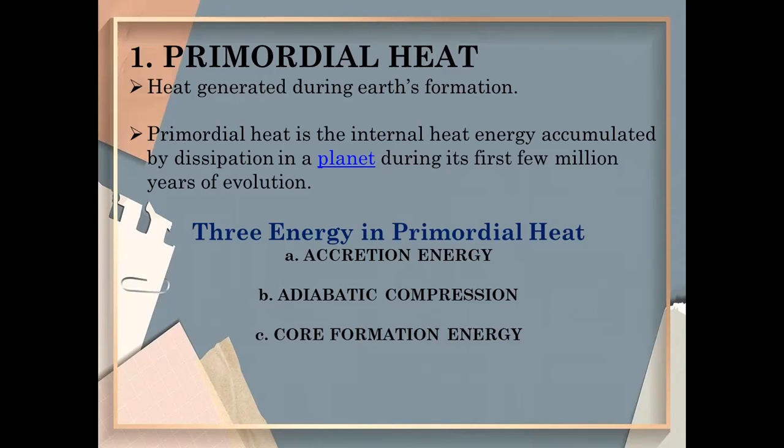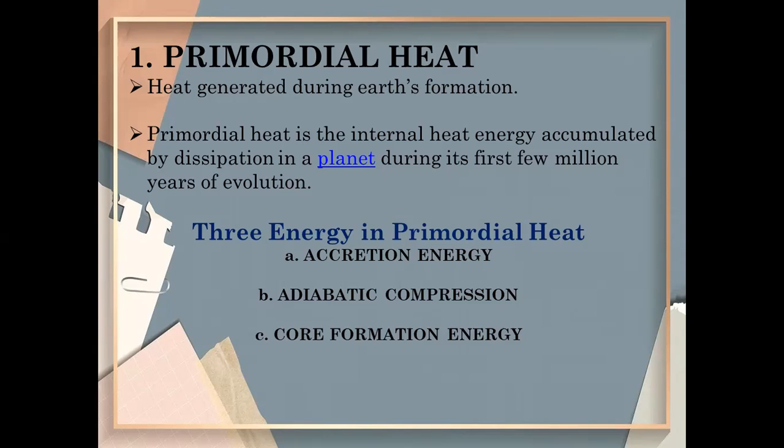So, where does primordial heat come from? It says here, a new study reveals that only about half of our planet's internal heat stems from natural radioactivity. The rest is primordial heat left over from when Earth first coalesced from a hot ball of gas, dust, and other materials. At the first formation of our planet, primordial heat was already there.